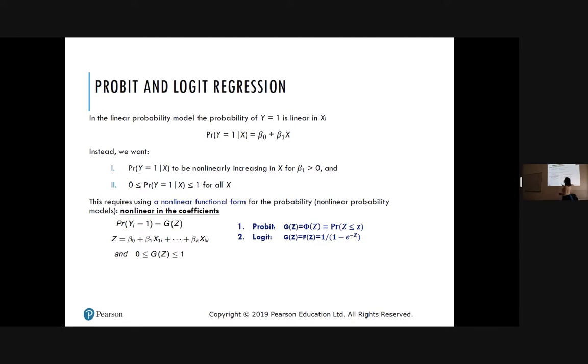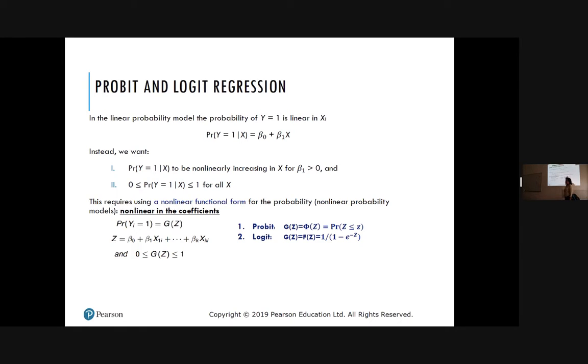So how do they differ? In the probit model, we have that this nonlinear function of z is equal to the cumulative distribution function of the standard normal distribution, and the cumulative distribution function is the probability that the random variable is below a certain number.